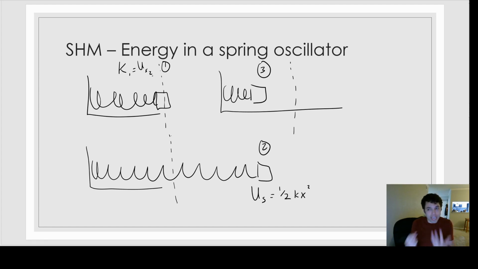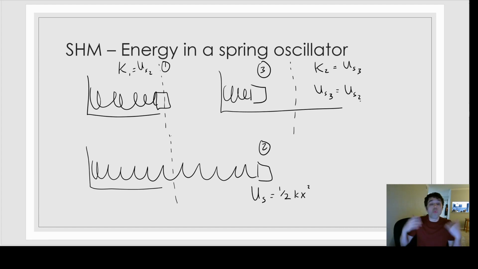It must be the case. Same thing is true at position 3, or similar thing. The K at 2 must equal our spring potential at 3. And we can also say that the spring potential at 3 must also equal the spring potential at 2, right? It's just going back into the spring, and then back to kinetic, and then back to spring, and then back and forth.